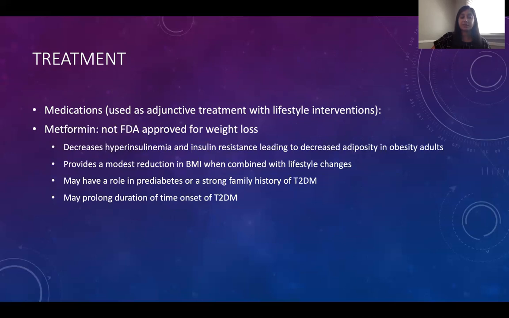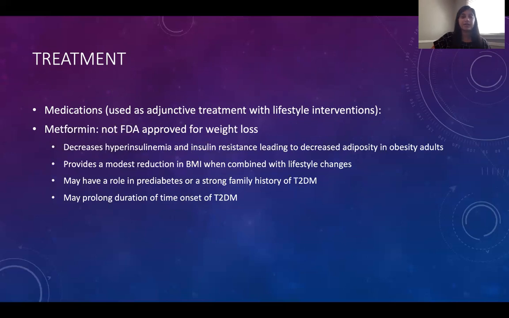It may have a role in prediabetes or in a patient who has a strong family history of type 2 diabetes. It may even prolong the time to onset of type 2 diabetes. So you really have to think about when a medication like metformin will be appropriate.